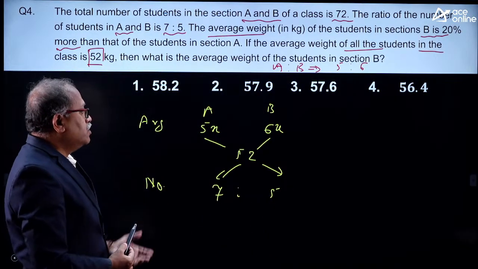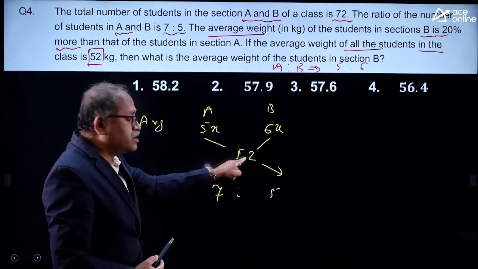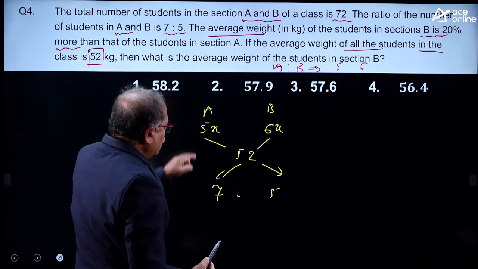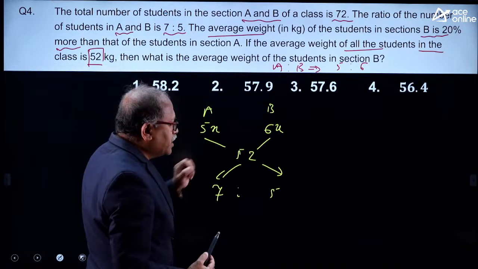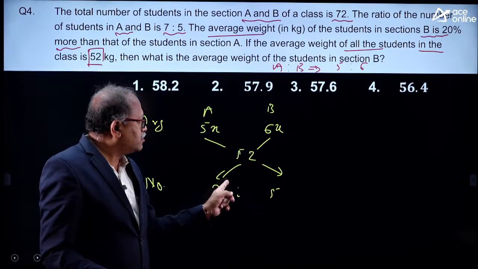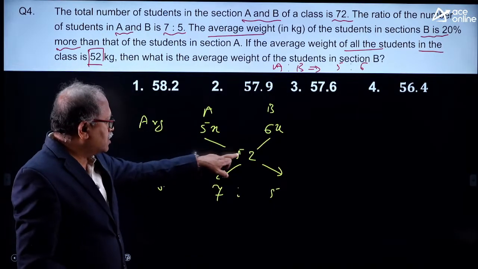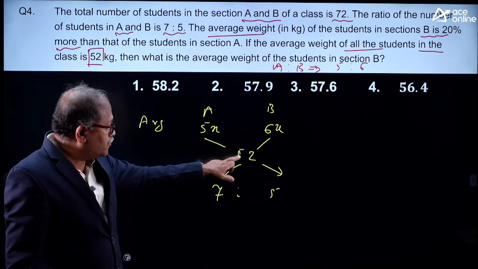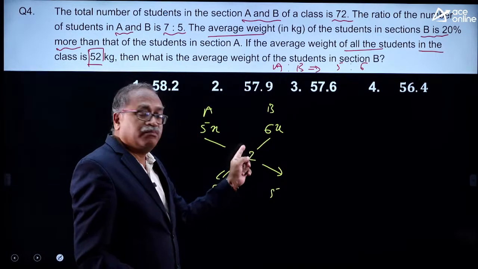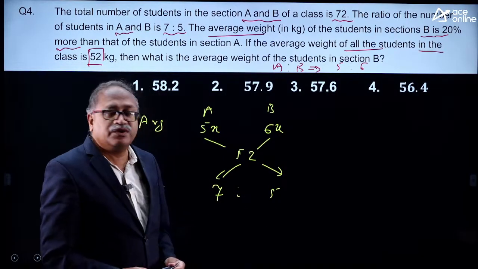There is one way of writing it. That means I can write 5x minus 52 by 6x, and 52 minus 5x, which is the greater number, than 6x minus 52; the ratio is given to us.